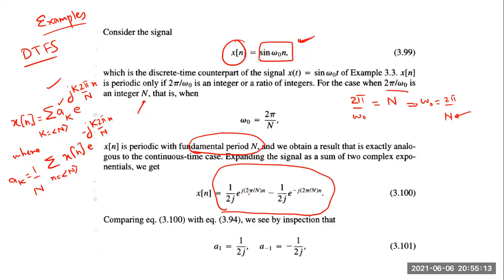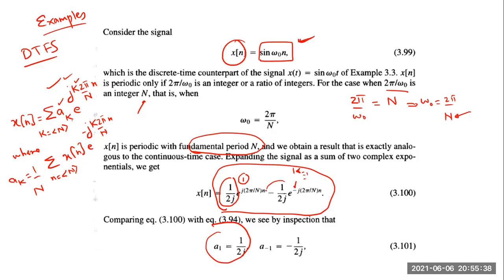And then by comparing this particular representation with this, it's obvious that whatever is the value of k, that is going to be the coefficient. So in this case, you can see the value of k is 1. So it means this thing must be equal to a1. Over here you have minus, so over here you have k equal to -1.